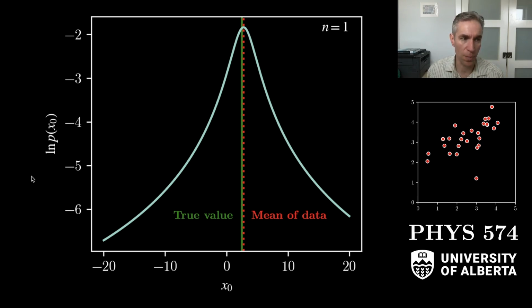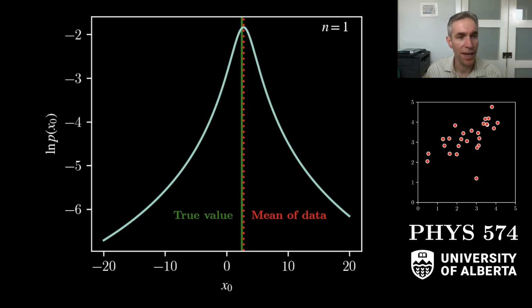So this is the log posterior probability plus a constant, and this is the location of the lighthouse. The true value is shown as this green line, and the mean of the data, one of them, shows up here in the red line. We get this nice distribution here, and that would allow us to figure out what the location of the lighthouse is.